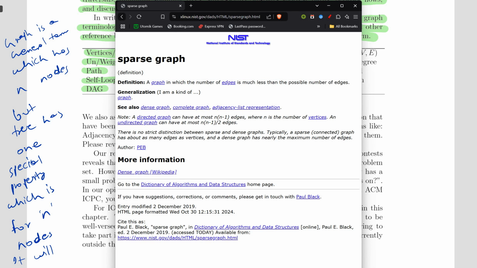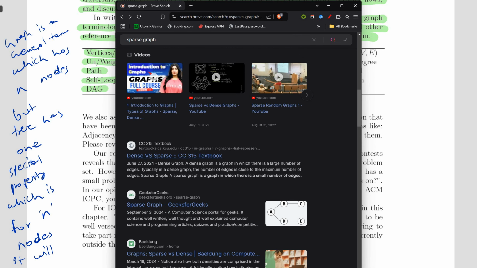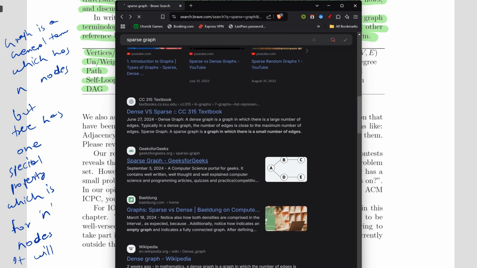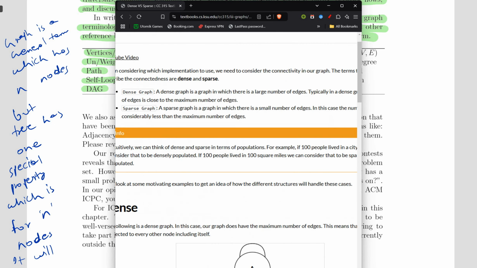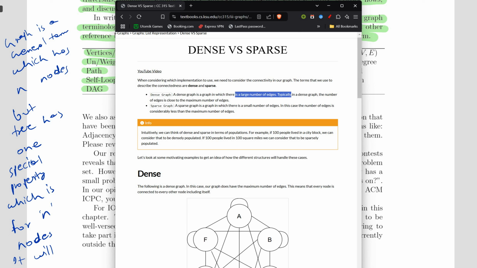If we go to the diagram of dense versus sparse graph: a dense graph is a graph in which there is a large number of edges, typically close to the maximum number of edges.